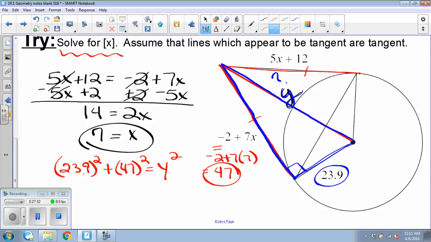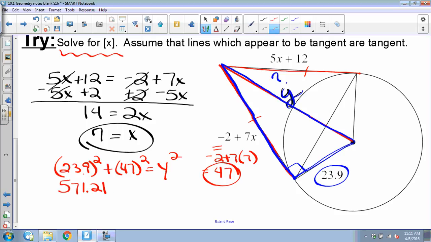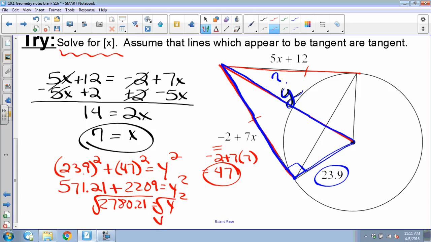So 571.21 plus 2209 equals y squared. So y squared equals 2780.21. Take the square root of both sides. And y rounded off to the nearest tenth is 52.7.